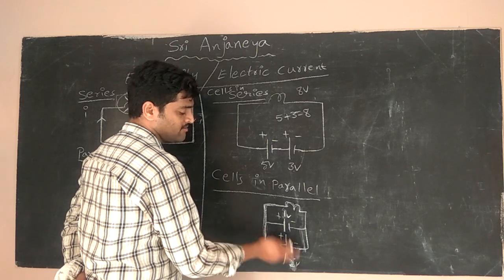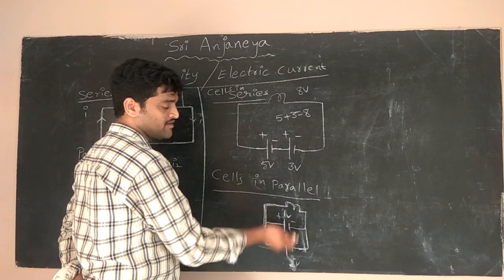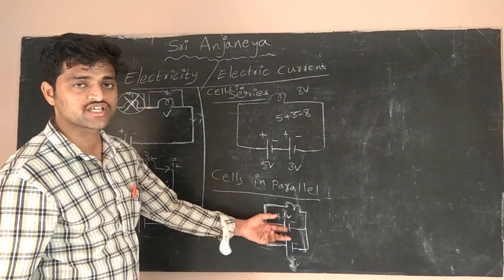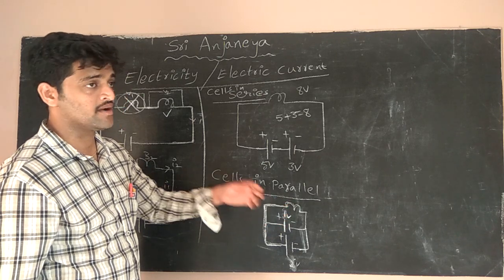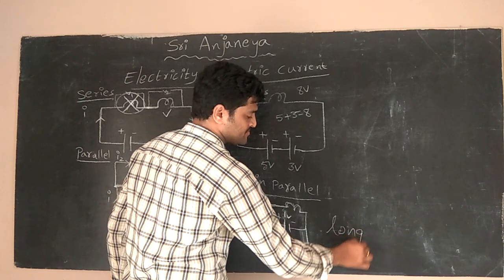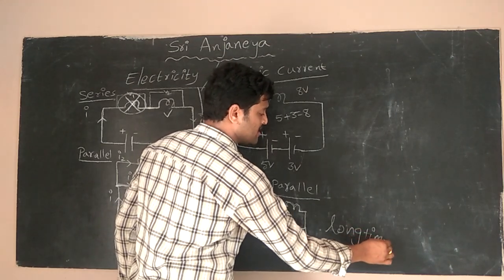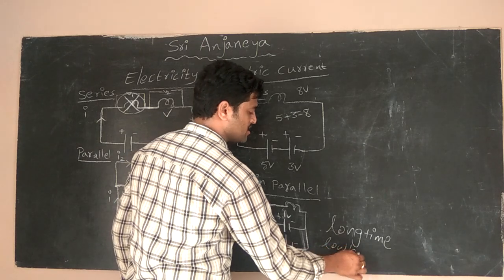So like this, by interchanging, the bulb will glow by using the power from the two cells, and the bulb glows a long time, but with low brightness.